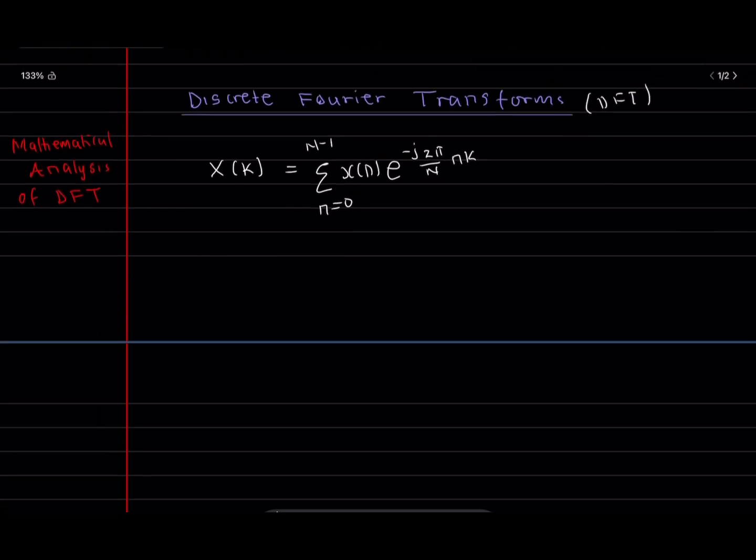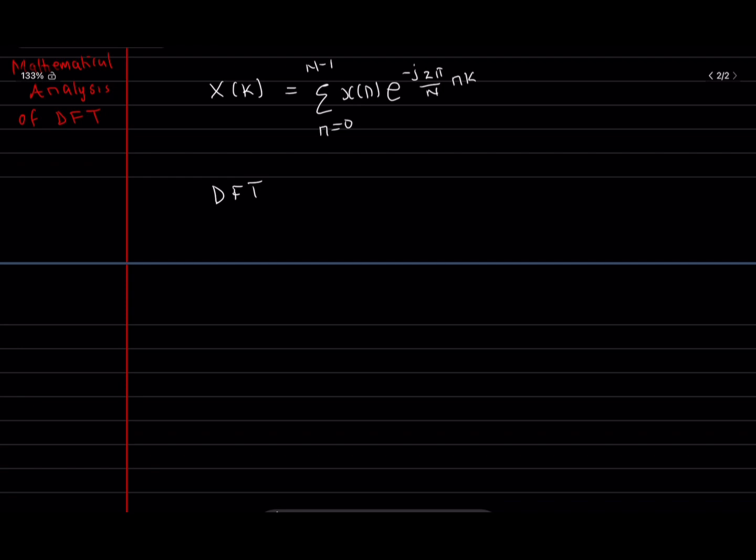So that's this formula. But I can also say that, like in chemistry, there's something called a reversible and irreversible reaction. In the case of the DFT, it is a reversible algorithm.